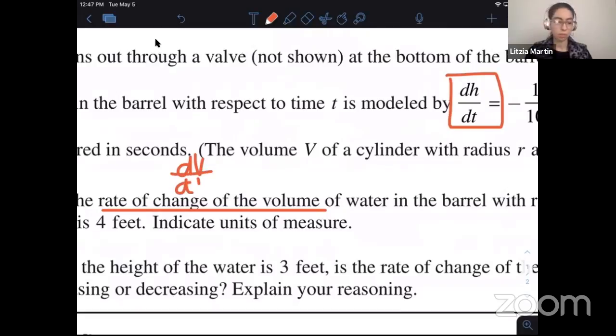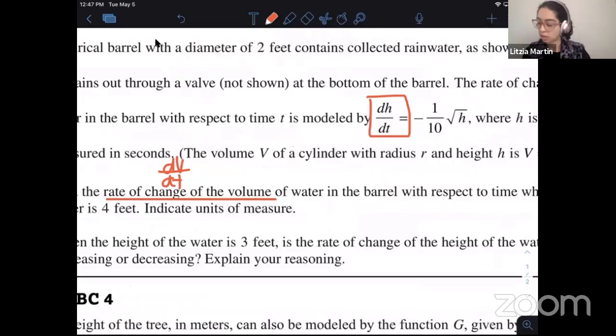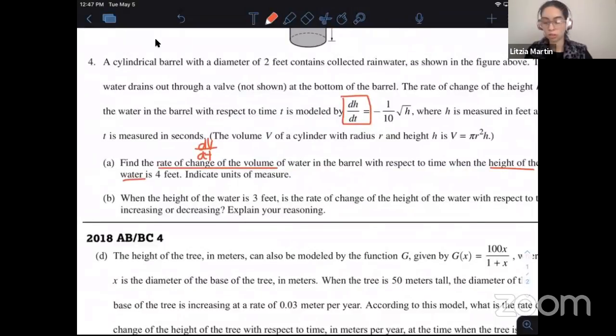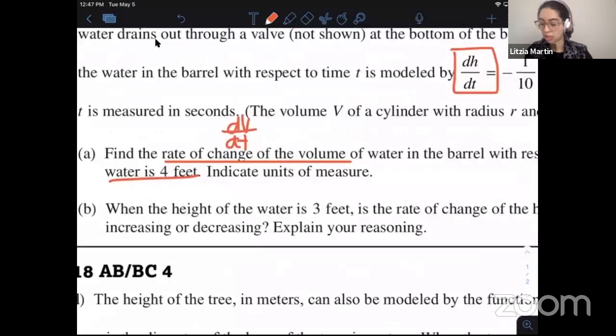So that's something we need to figure out, and it's with respect to time when the height of the water is 4 feet. So h is equal to 4. We want to know what dV/dt is equal to when h is equal to 4.